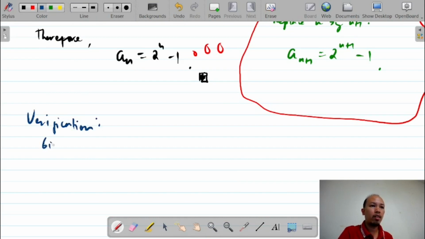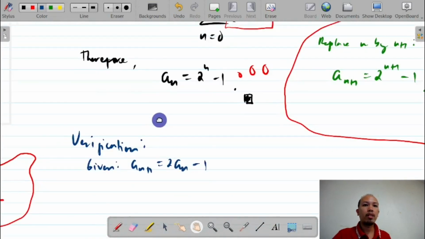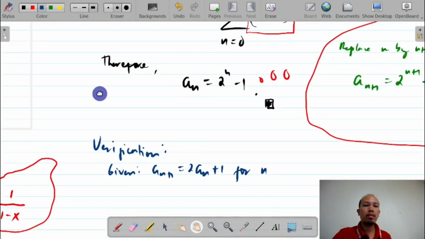Our given is a sub n plus 1 is equal to 2 a sub n plus 1. Am I right? Okay, plus 1. This is for n greater than or equal to 0, with a sub 0 is equal to 0.